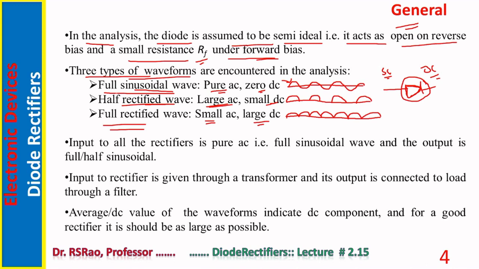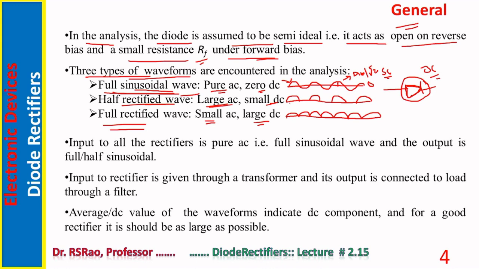In case of first one, full sinusoidal wave, the RMS value is AM by root 2. RMS value or AC value. DC value is of course 0. Here AM is amplitude of the wave.